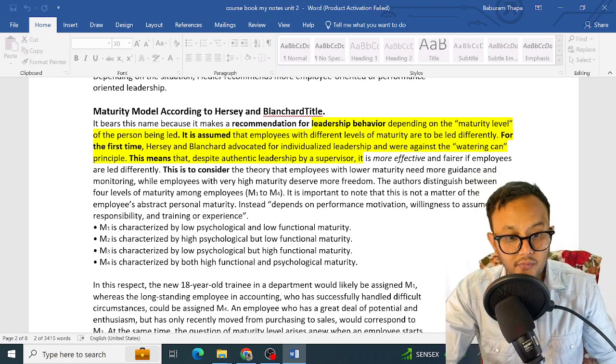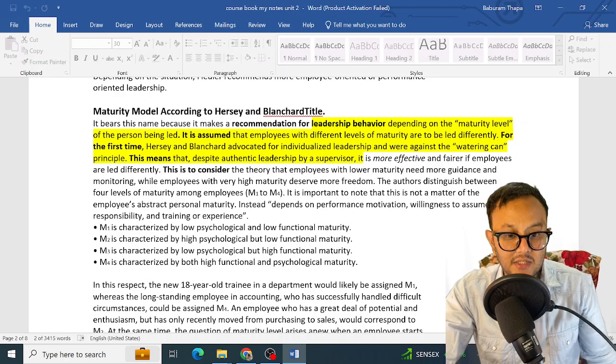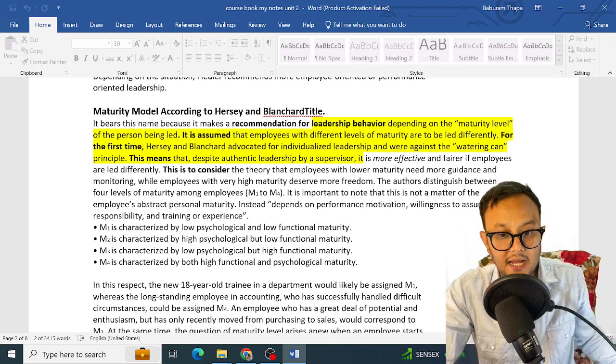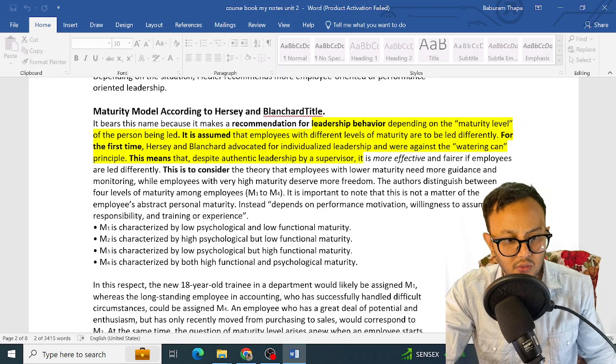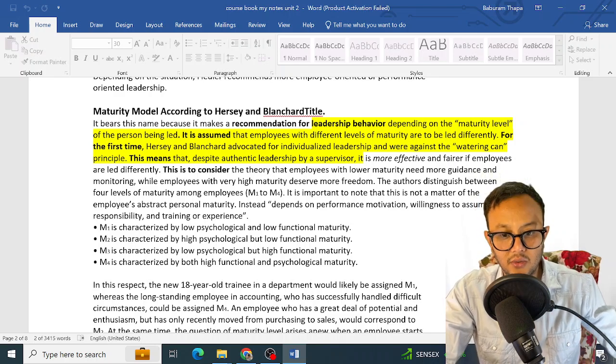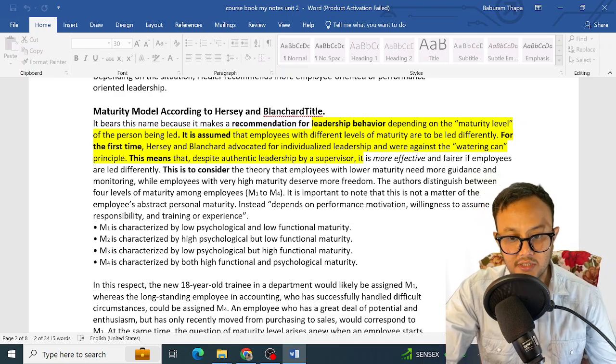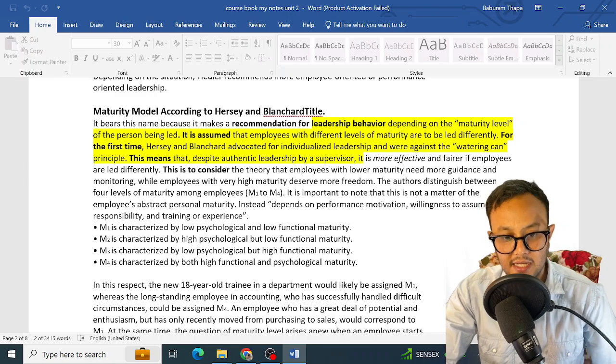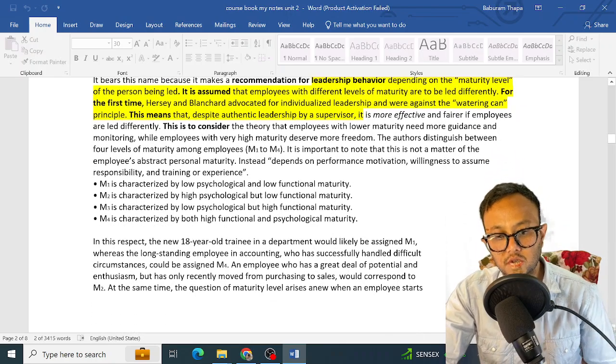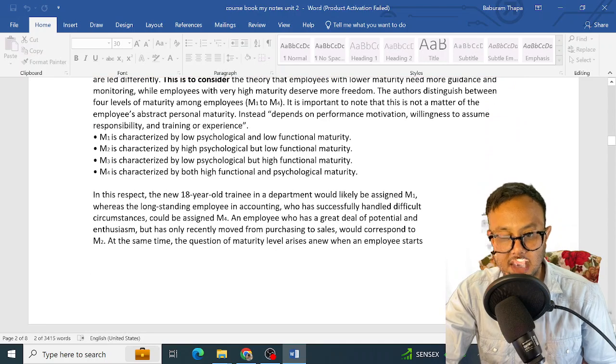M1 is characterized by low psychological and low functional maturity. M2 is characterized by high psychological but low functional maturity, M3 by low psychological but high functional maturity, and M4 by both high functional and psychological maturity.